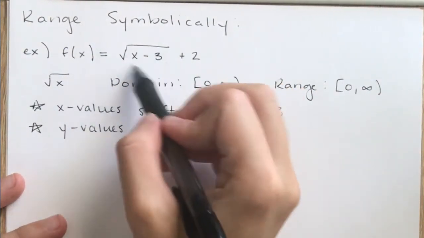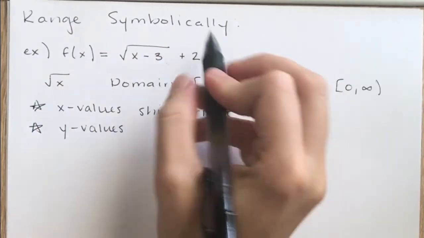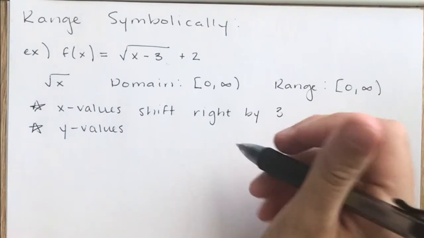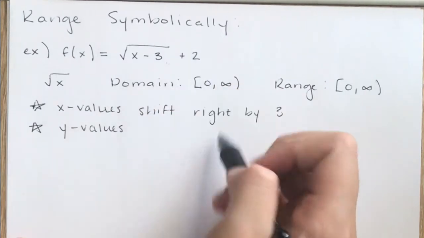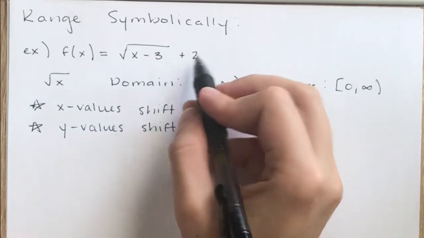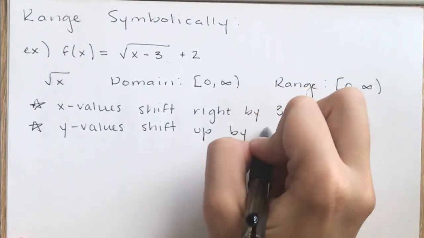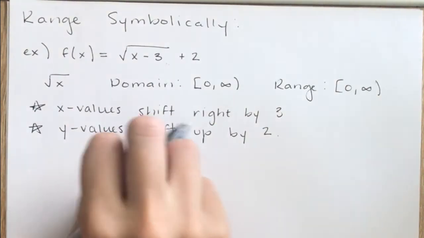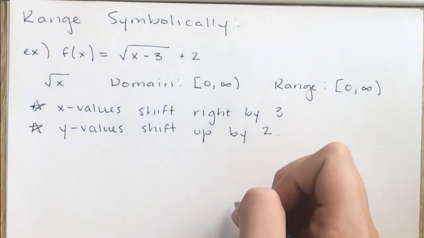Remember, our x values are on the inside, and those affect us horizontally. Our y values are affected by things on the outside and move vertically. The only thing on the outside here is plus 2. So our y values are shifted. Plus 2 shifts us up by 2. So our domain has been shifted to the right by 3, and our range has been shifted up by 2.